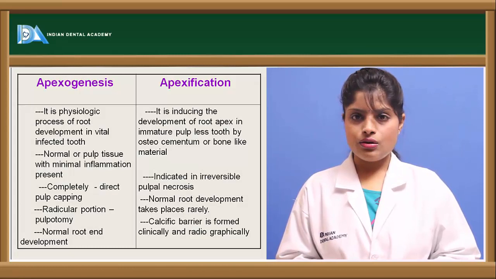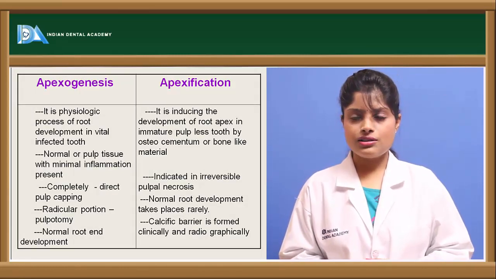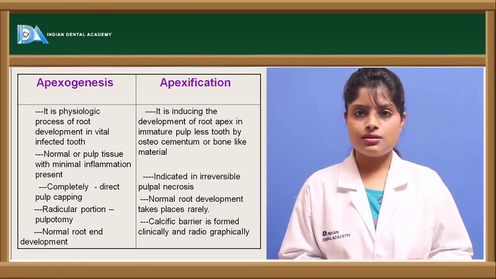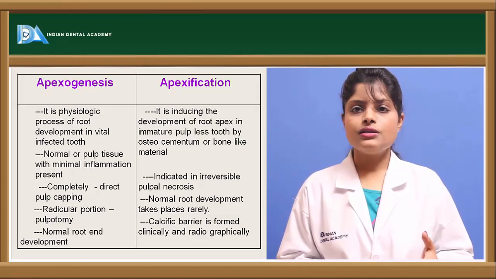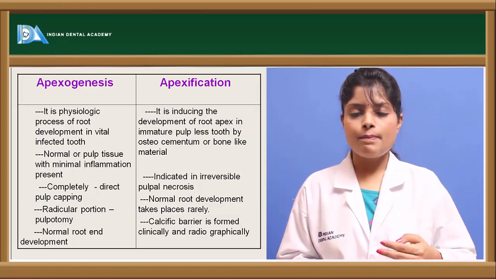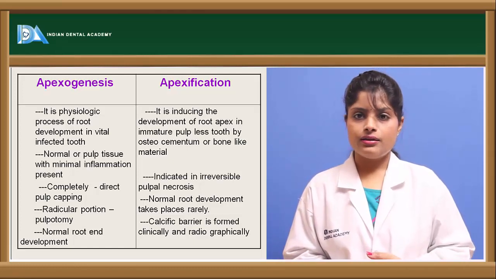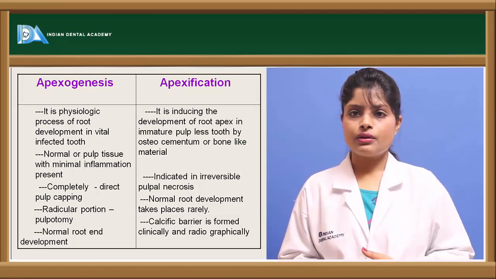Now let us see what is the exact difference between apexogenesis and apexification. Apexogenesis is generally undertaken in vital permanent teeth. That is, the pulp is not infected up to the necrotic level. The infection in the pulp is minimal.